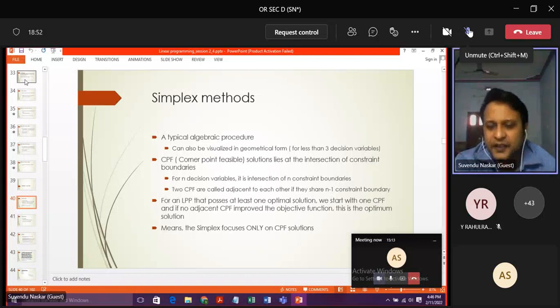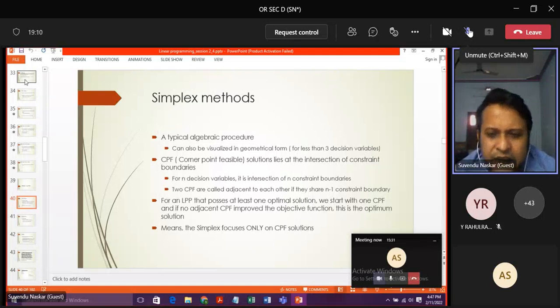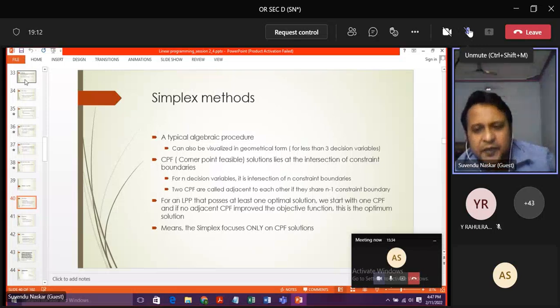Imagine it now. What I showed you is basically a two-dimensional plane. Imagine it in n dimensions, starting with three variables and three constraints. You will see that CPFs lie on n-1 constraint boundaries.